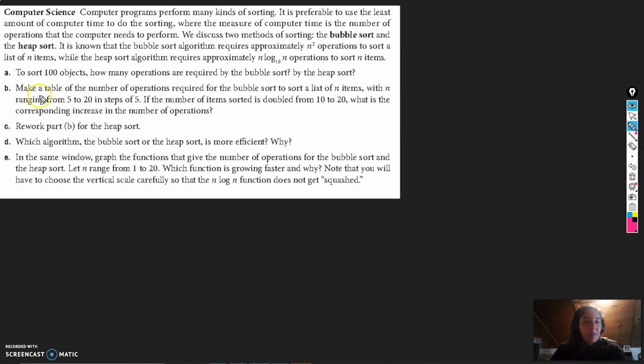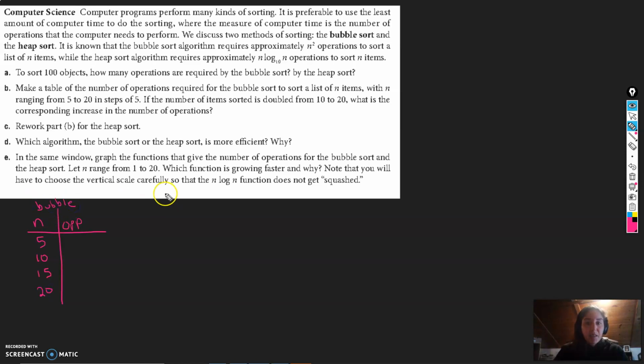Okay, B. Make a table of the number of operations required for bubble sort to sort a list of n items, with n ranging from 5 to 20. We'll call this OPP, or operations, 5 to 20 in steps of 5. So 5, 10, 15, 20.